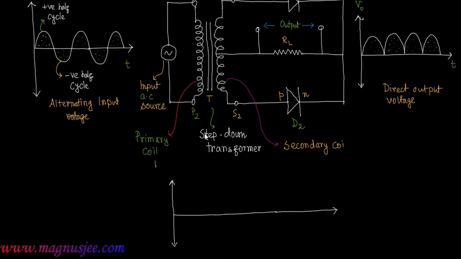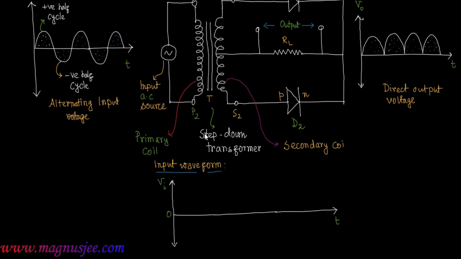Here we can write, input waveform. Input voltage is Vi, O is the origin, and time is plotted along horizontal axis.